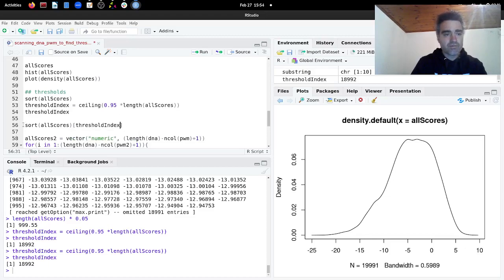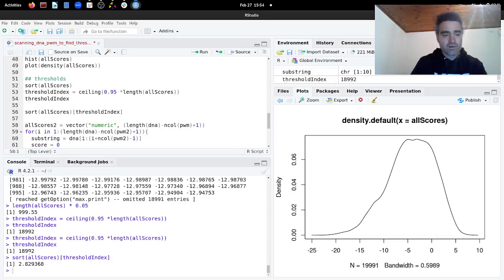Remember, you must have a sorted vector to do that, and that's why I use a sort function. It's a 2.8, which means that the threshold here in this distribution is 2.8, somewhere here, which means that this probability here is exactly 5%.